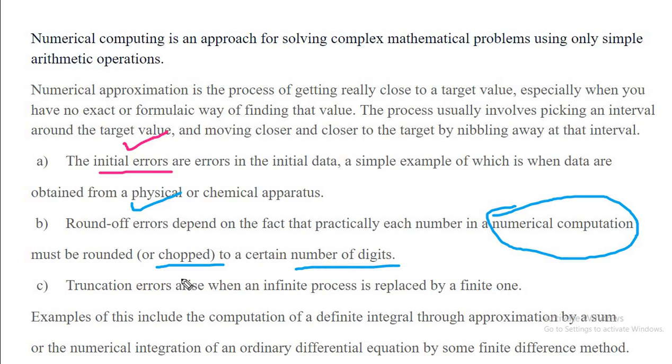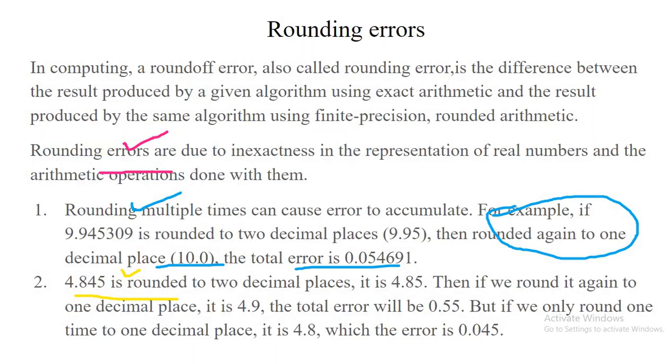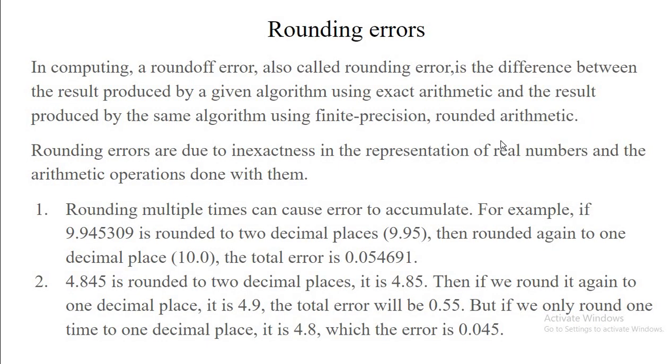And the last one is known as the truncation error. When you are performing any experiment, you are basically using some formula. This formula may be truncated when you have the infinite nature of this particular formula. Now, in detail, we will talk about the round off error with some examples.